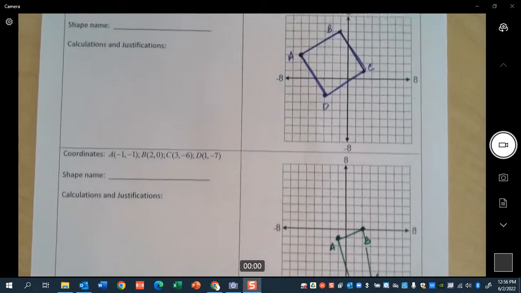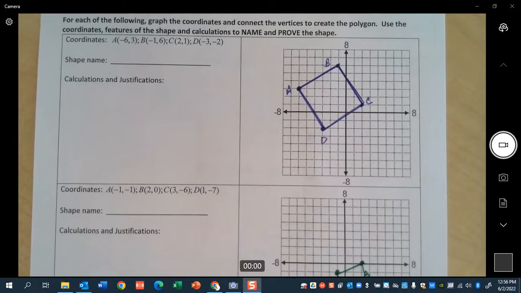Nine months ago, you would have been able to say, oh, that's a whatever. But now you can back up what you might say. Square, parallelogram, trapezoid, isosceles, acute, right triangle. Now you can back it up with some math. So even though the shape name is the next line, I'm not filling that in until I'm sure. And I'm not going to be sure until I do some math.